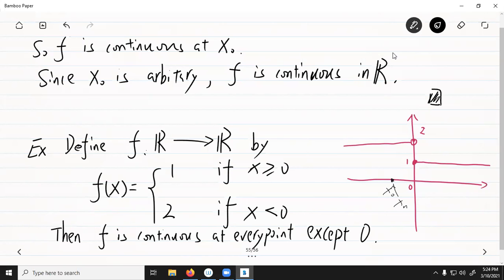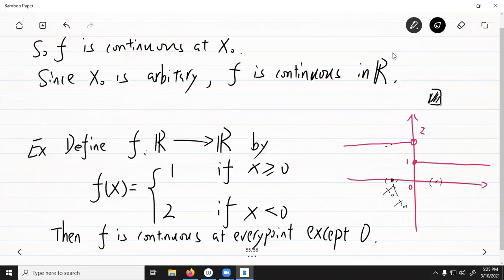That means when n is large enough, it should be around this point, right? So the f values at these points should be the constant 2 or the constant 1, and it's equal to f of x naught. f of x naught is here, so it's equal to 2, right? f of x naught equals 2.